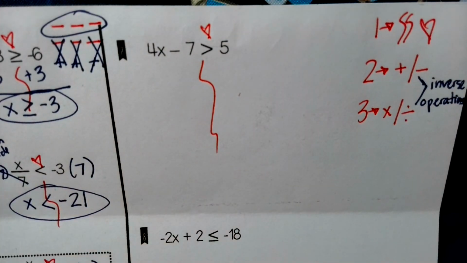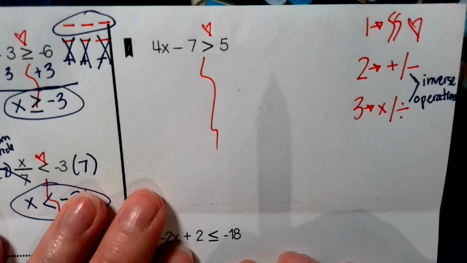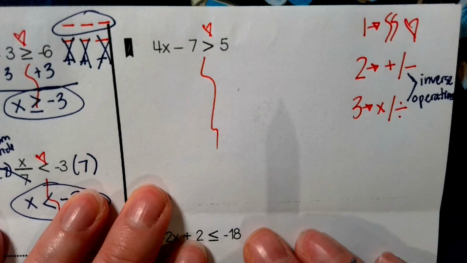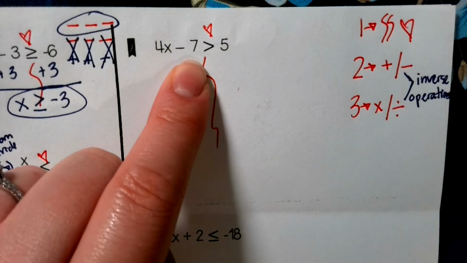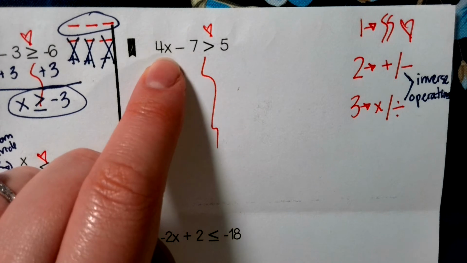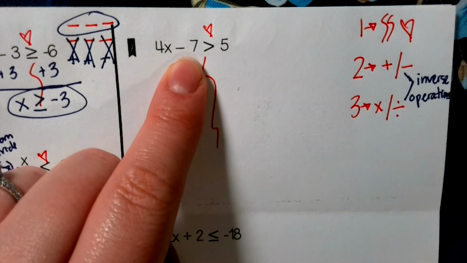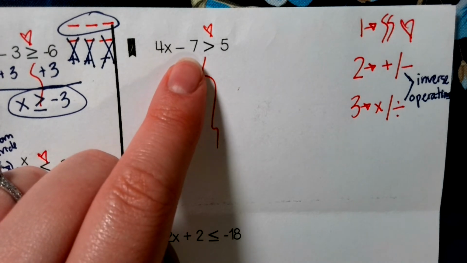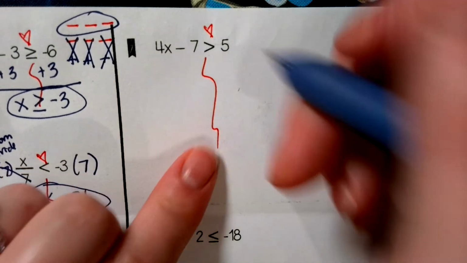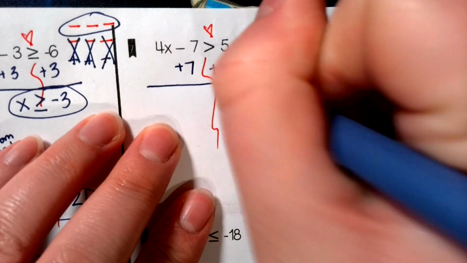All right, so we got our step 1. We got our river of love going on. Now we need to either add or subtract. You guys remember which side we start on? We start on the side with the variable and the number without the variable. So I'm going to start with my 4x minus 7 on that side. I'm going to start with that -7 first. So what's the inverse of -7? Add 7.